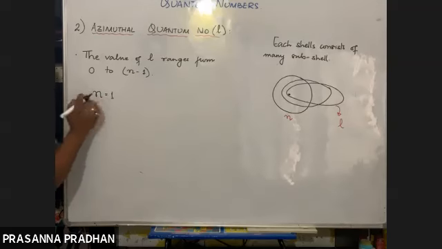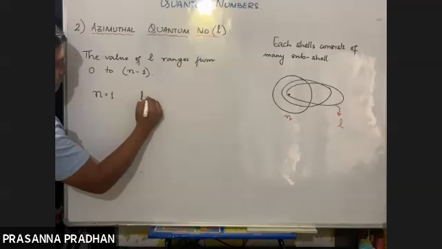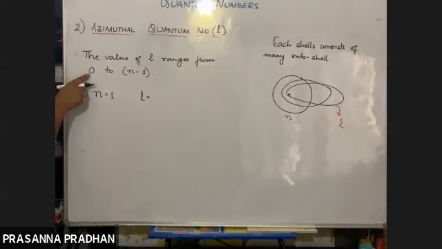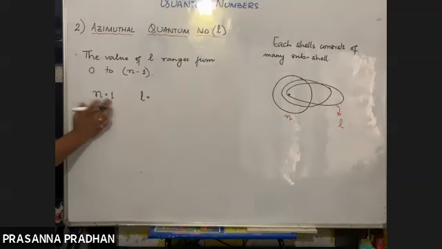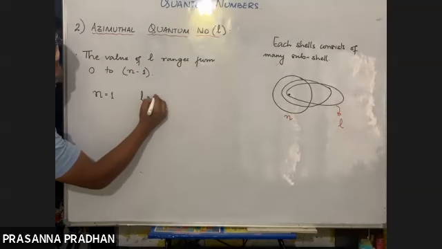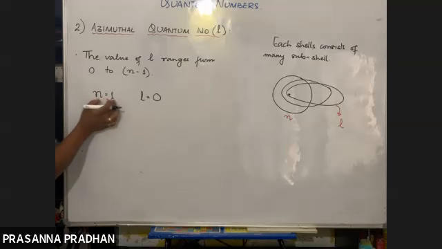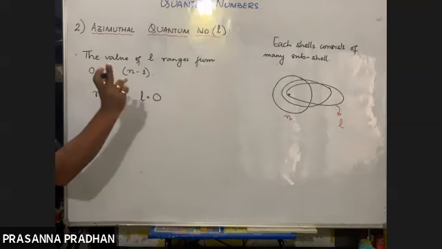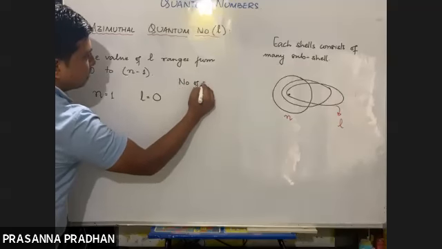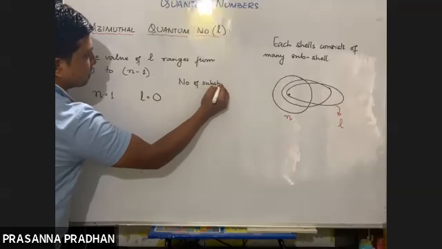So for the first orbit, n equals 1, what is the value of L? It ranges from 0 to n minus 1. n का value 1 है, so L का value एक ही होगा, that is equal to 0. That means for the first shell, how many values of L are there? Only one, which is 0.